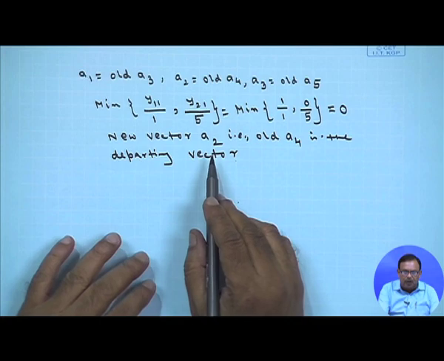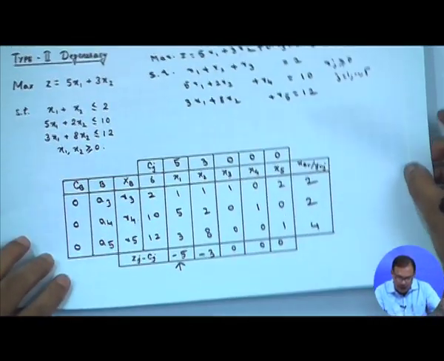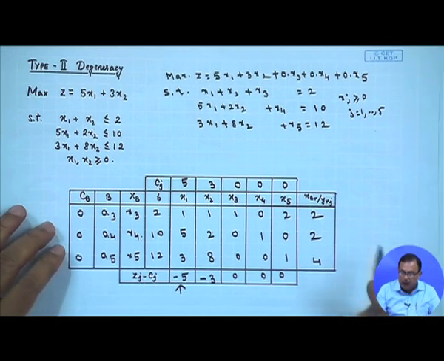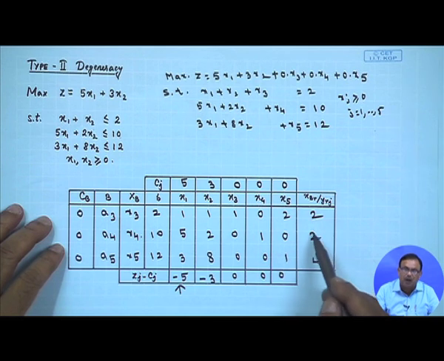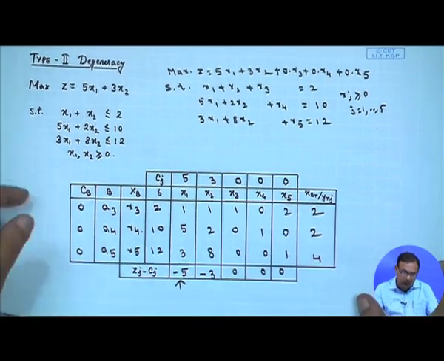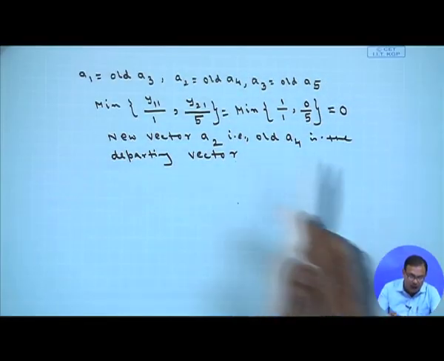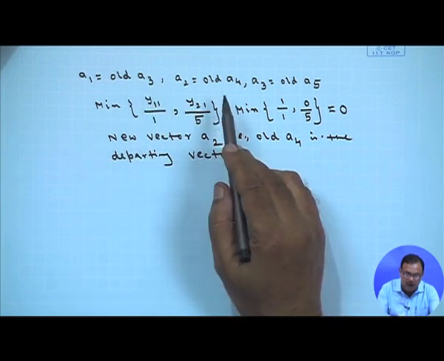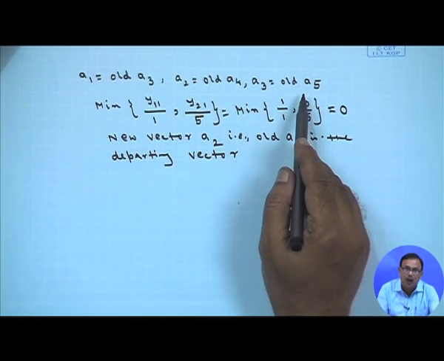So, is it clear? Let me explain once more. Since we have the ratio in two elements the same, there is a tie. So once there is a tie, what do I have to do? I have to compute the value of the new ratio. For that reason I am writing A1 equals old A3, A2 equals old A4, A3 equals old A5.